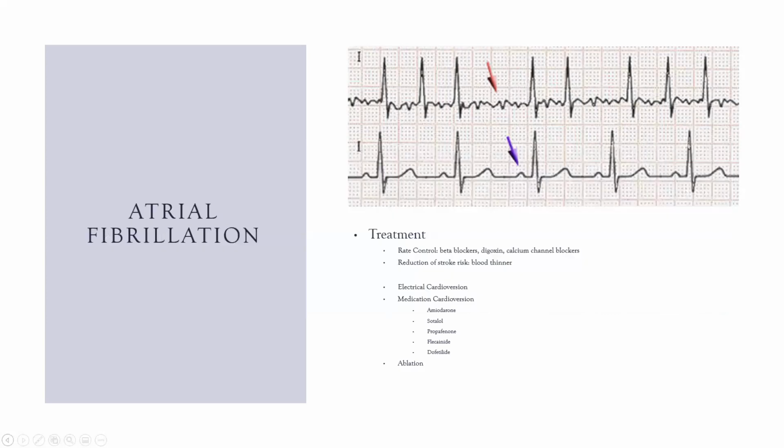So in the RVR state, this is where most of our patients become unstable. Although they can be in RVR and they're talking to you, they're alert, they're oriented, they're fine. So we tend to use medication-induced cardioversion when they are alert and oriented. And so medications of that include amiodarone, sotalol, propafenone, flecainide, and dofetilide.